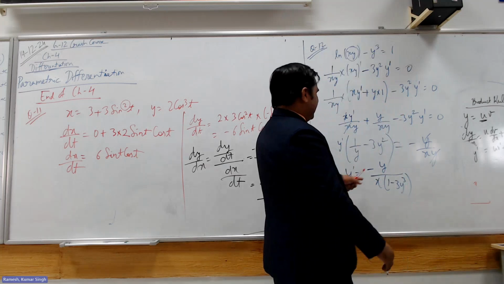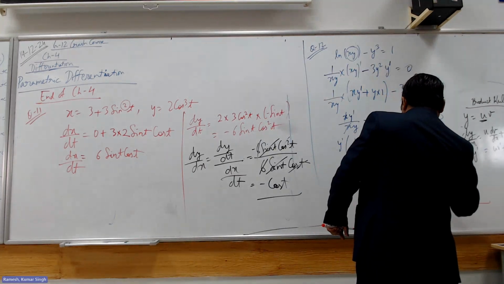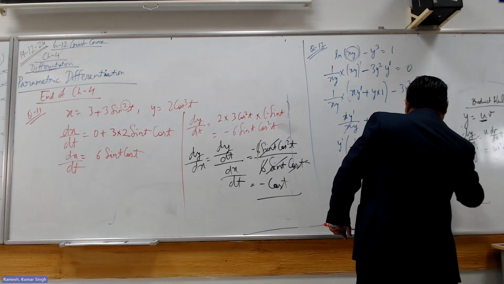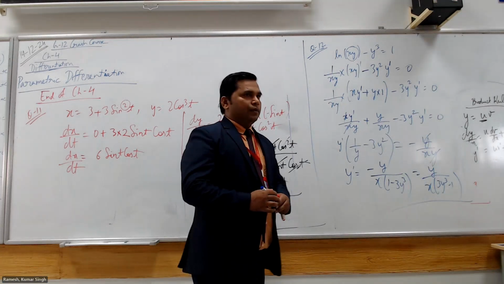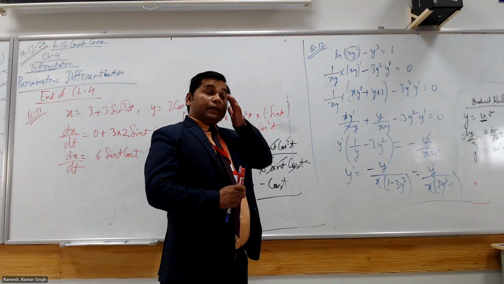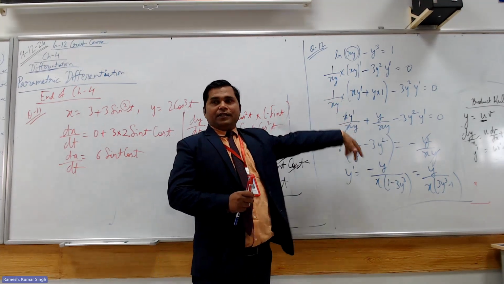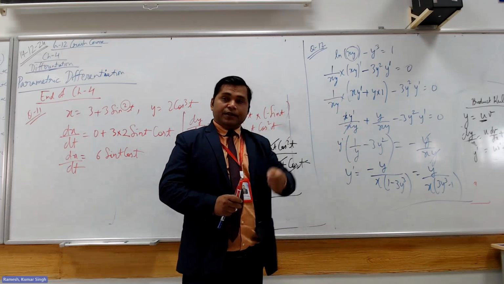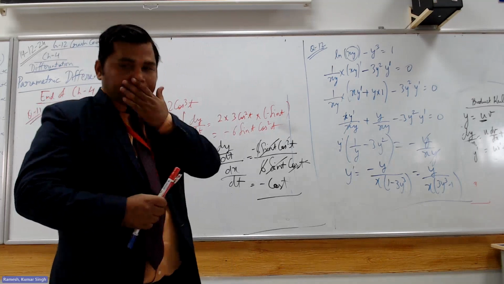Yeah, it is the answer. So y over x times (y cube minus 1). That's what we have to prove. It's a simplification. Once you are done with differentiation, after that it's just simplification.